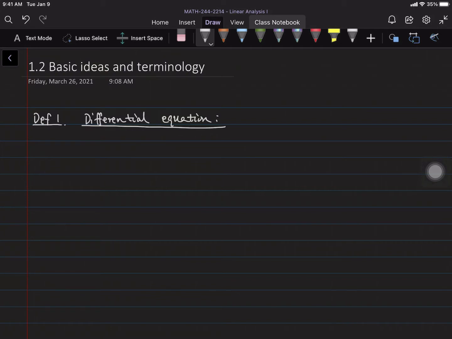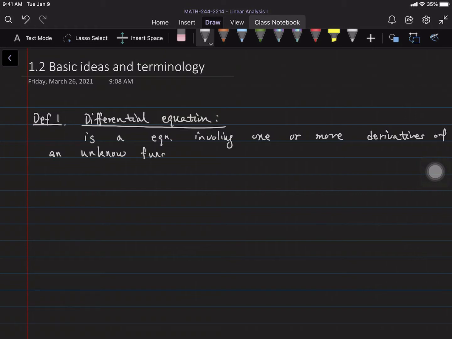A differential equation is an equation involving one or more derivatives of an unknown function.